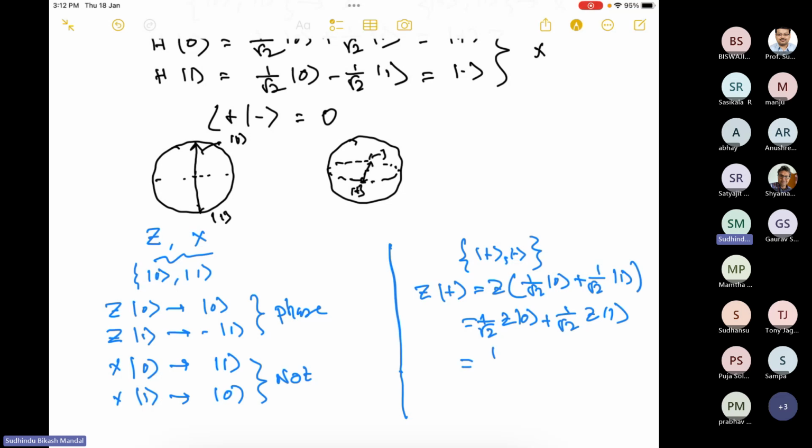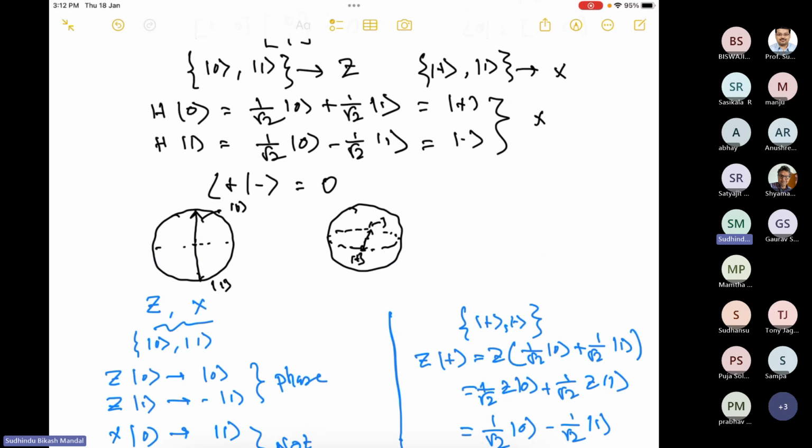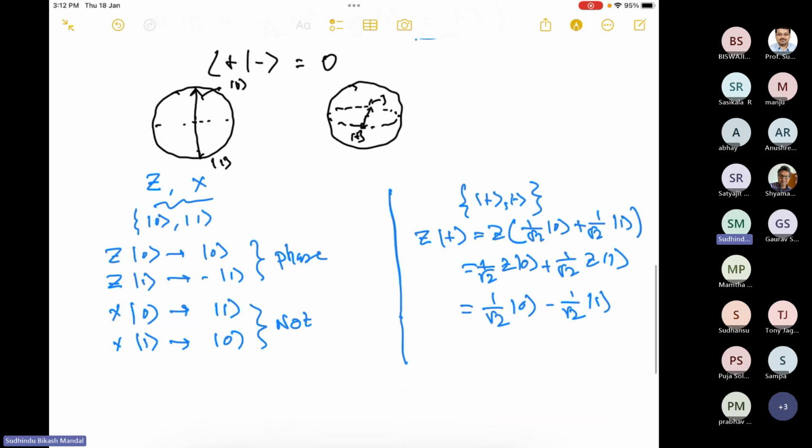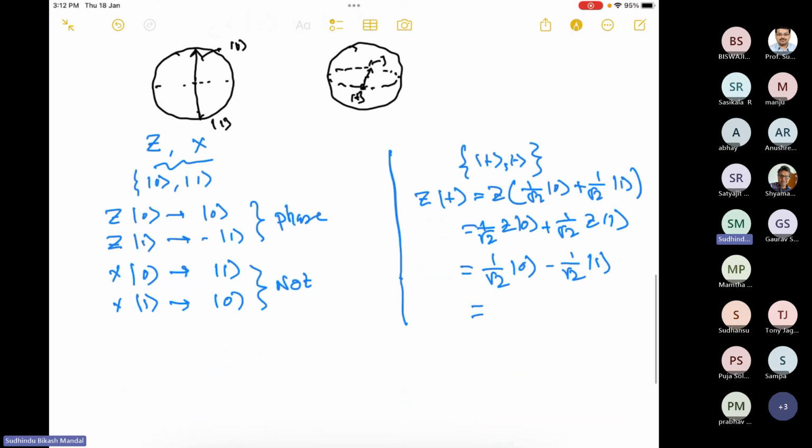So if I apply Z over 0, it remains the same. But if I apply Z over this 1, it goes to minus 1 by root 2 1. So what is this state? This state I have already shown, so it will change to the minus state.